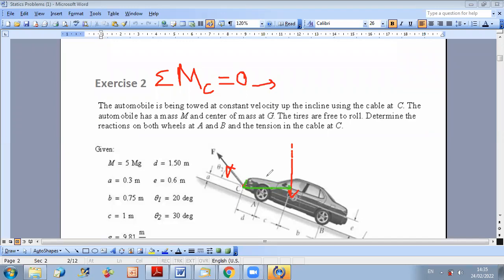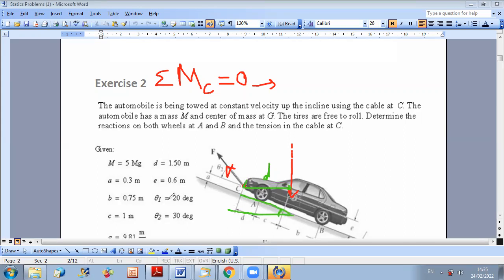Now, to get this horizontal distance, I need some geometrical information in my problem. So do I know, for example, an angle here or anything that could be helpful for me? What I know is that, yes, because look, I know that this line, the incline, this angle is known.